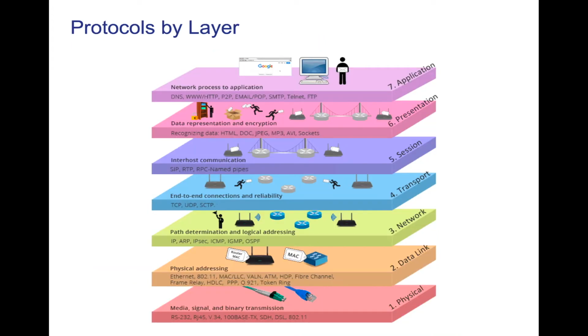Here's another version of that chart. It shows you which protocols are used at the various layers. We often refer to this as the protocol stack. You can see that Internet Protocol, or IP, is used at the network layer. IP's job is to ensure that your data gets to the correct computer.